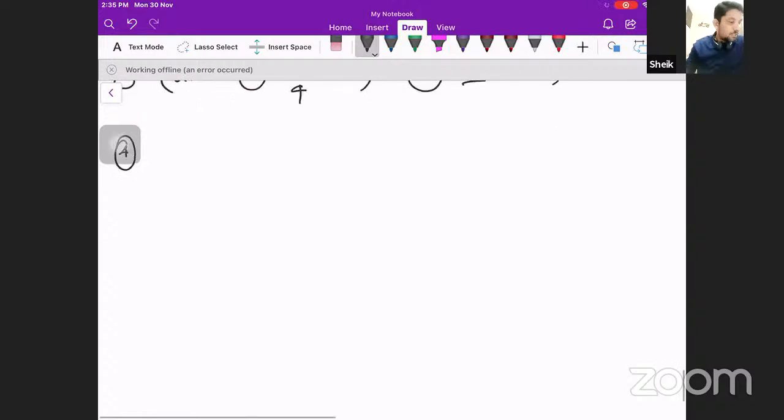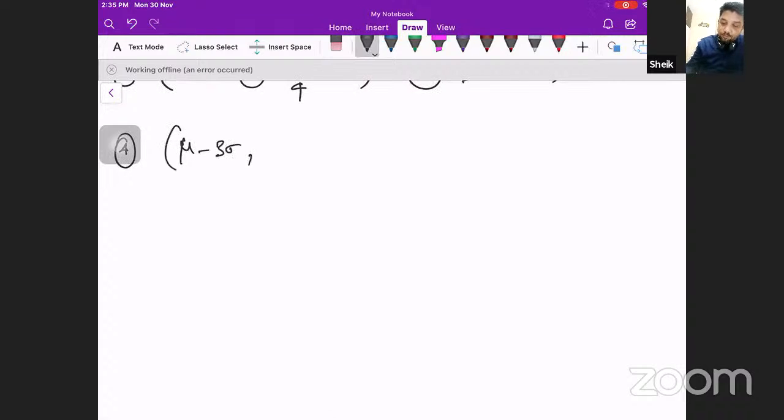Okay. Next, sum number 4. This sum they keep on asking in the examination. The interval mu minus 3 sigma to mu plus 3 sigma covers what? Option A is 95% area of normal distribution. No. 96% area of normal distribution. No. Our answer is 99.73%. So what is the last option?